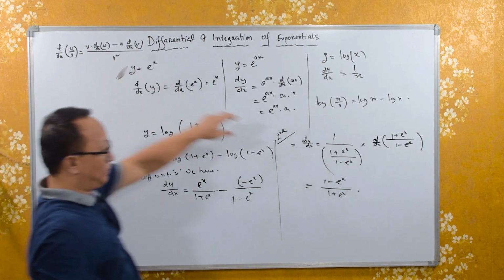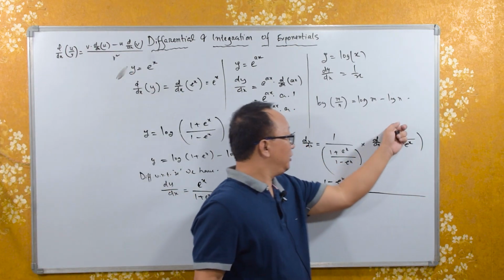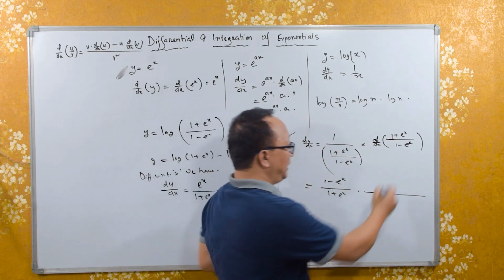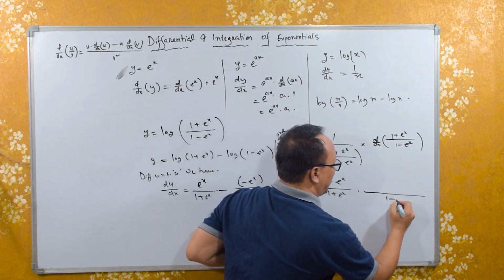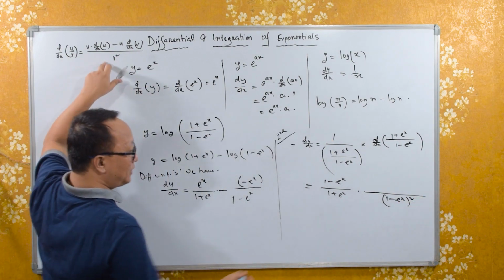This formula we can apply over here. If I apply it here, the denominator will be 1 minus e raised to x the whole square, applying this formula v square.